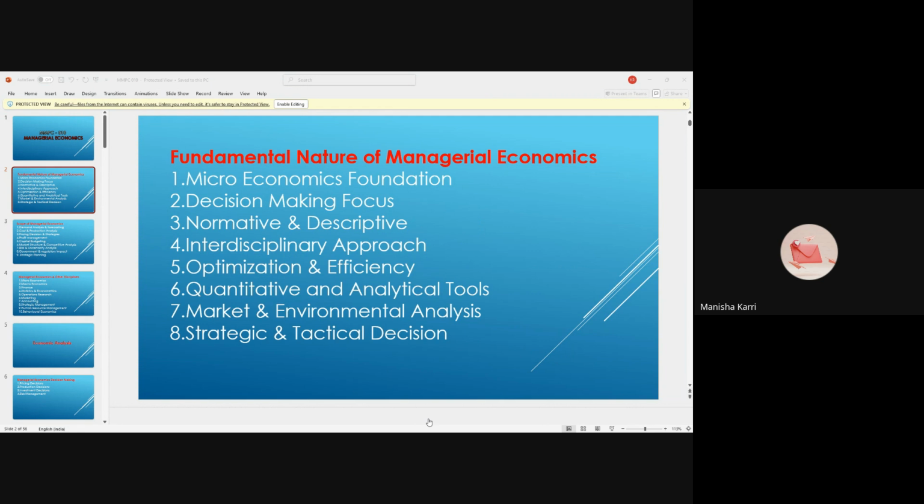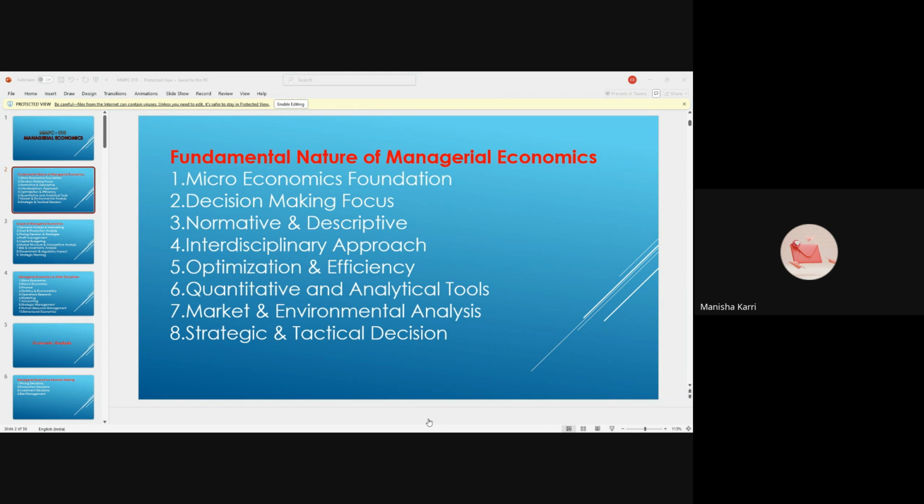Next, quantitative and analytical tools. Here, managerial economics relies heavily on quantitative methods, including statistical analysis, mathematical modeling, and econometrics to analyze data and inform decisions.